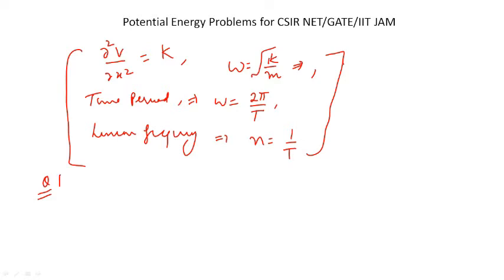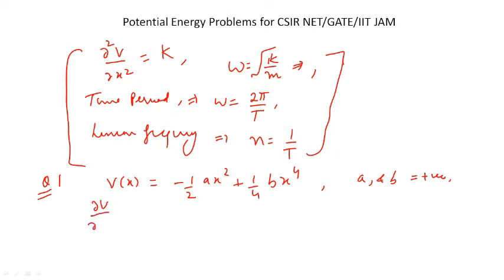Your first problem is that your potential energy function is given as minus 1 by 2 ax square plus 1 by 4 bx to the power 4. Here a and b are constants and are positive. So first we will find the value of del v over del x, as our earlier discussion.